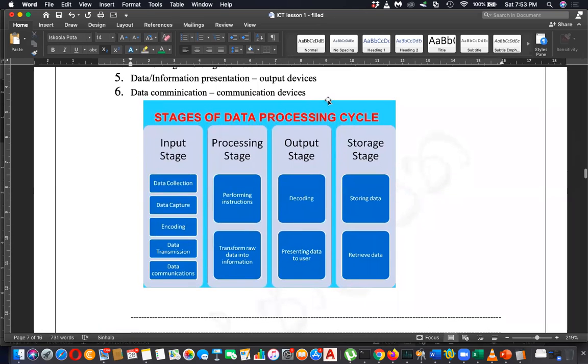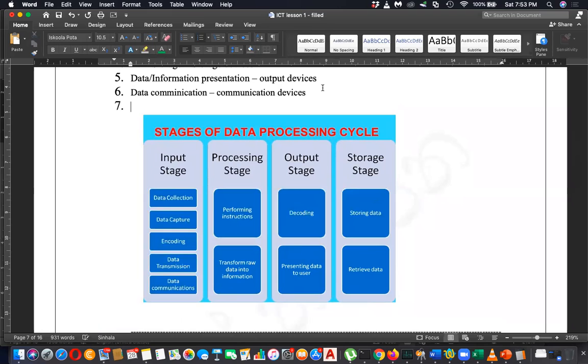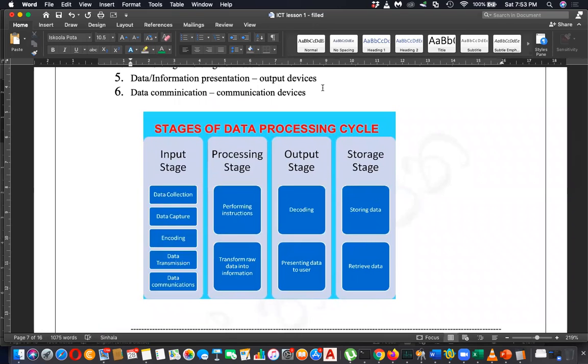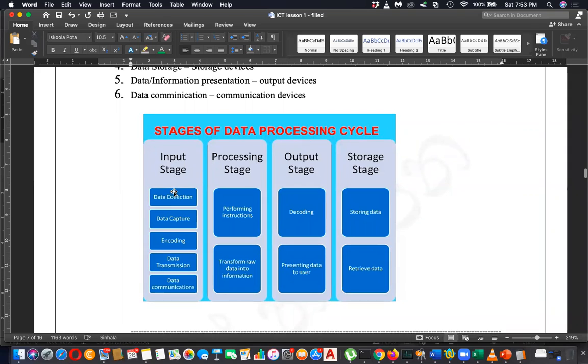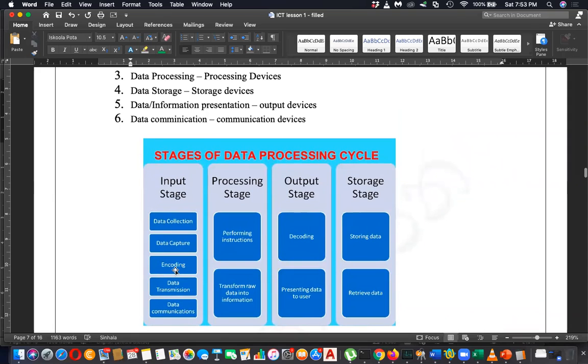What do you really mean by encoding and decoding? For example, when you type the letter A, the encoding format of letter A is this, and when you decode that, you will get letter A. Encoding means converting into some code or format that computers can recognize.